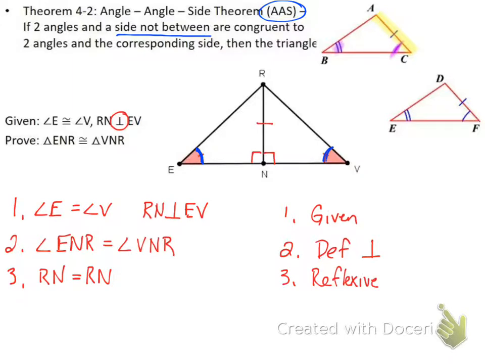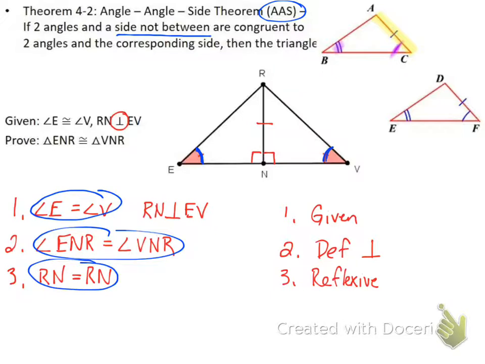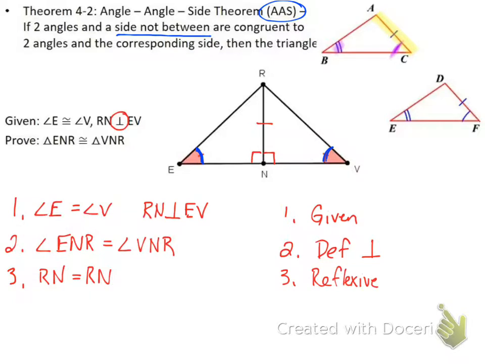And so again, I've got three things that are equal: two angles and a side. I want to see whether it's angle side angle or angle angle side. So again, just look at one of the triangles. Here's an angle, and then this is my side. I should be able to see that the side's not in between the two angles.